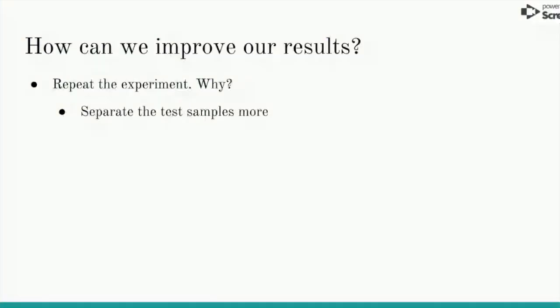But then in the next experiment, what can we do to improve our results? One thing that I wanted to do next time was to separate the test samples more, because the wax turned blue, and then I put the almond right in the container next to it. If you saw the procedure slide, you can see the little container that I use, and all the little boxes are very close to each other.